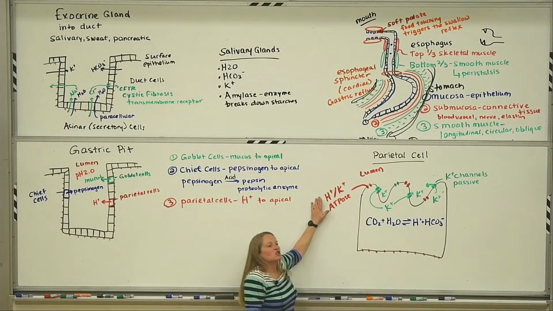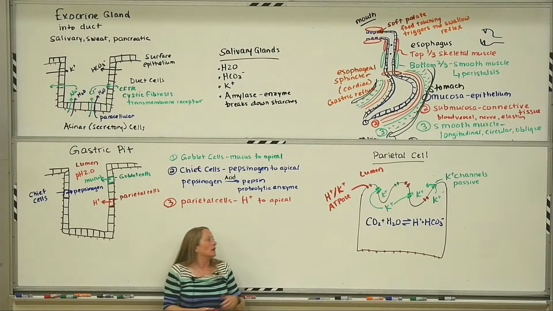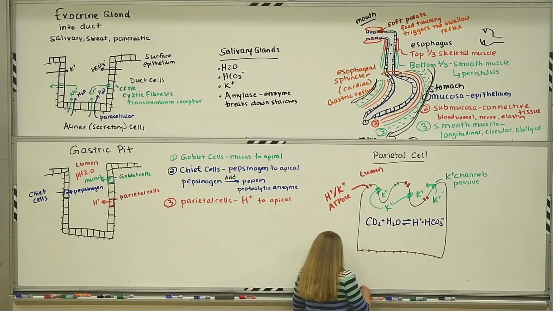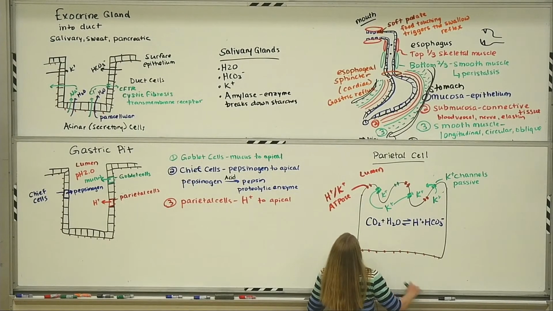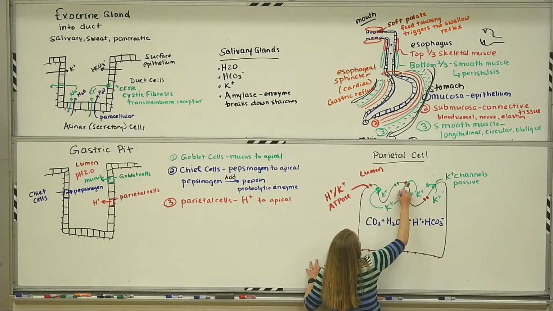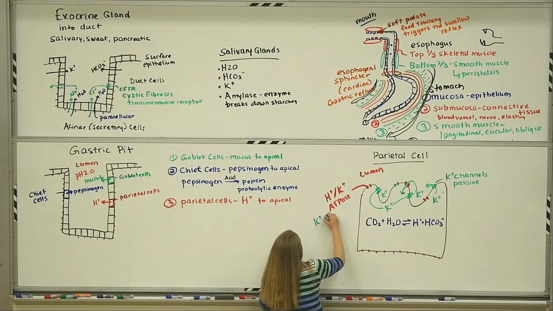So we've talked about sodium, potassium, ATPases before. We use them in a lot of places. This one is just going to use hydrogen for the cotransporter now instead of potassium. But we're going to use all of this potassium that we've put out, and we're going to move it back into the cell. So now you'll move potassium in.